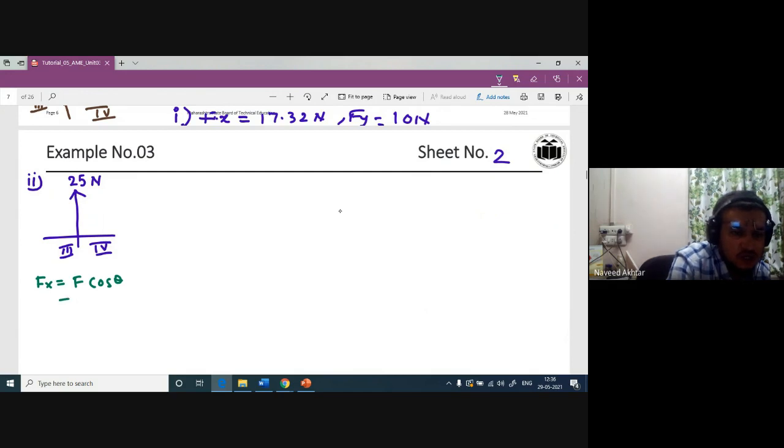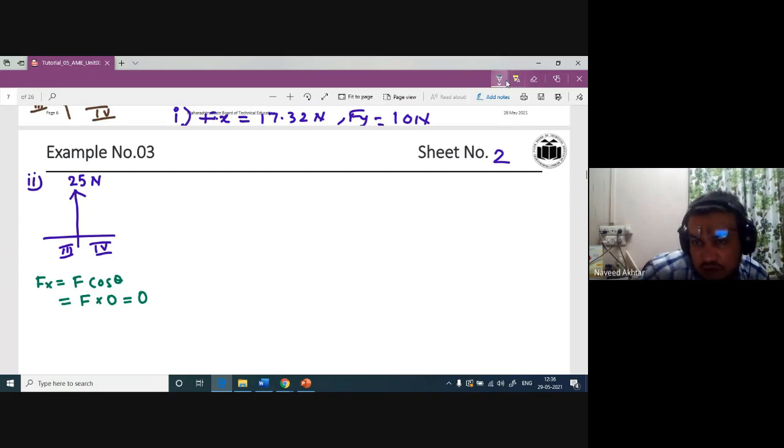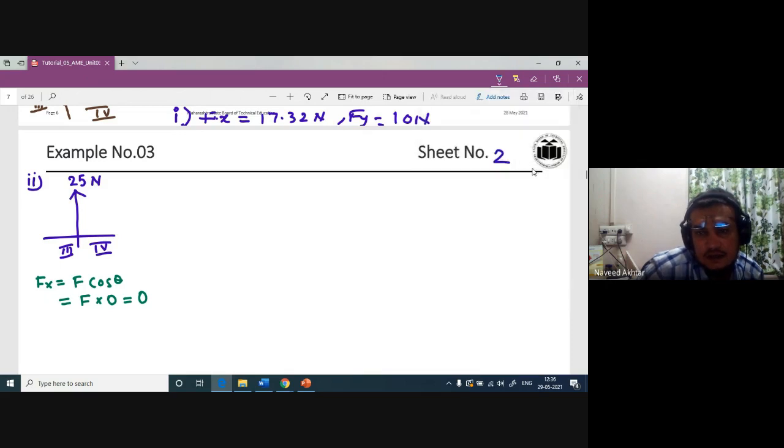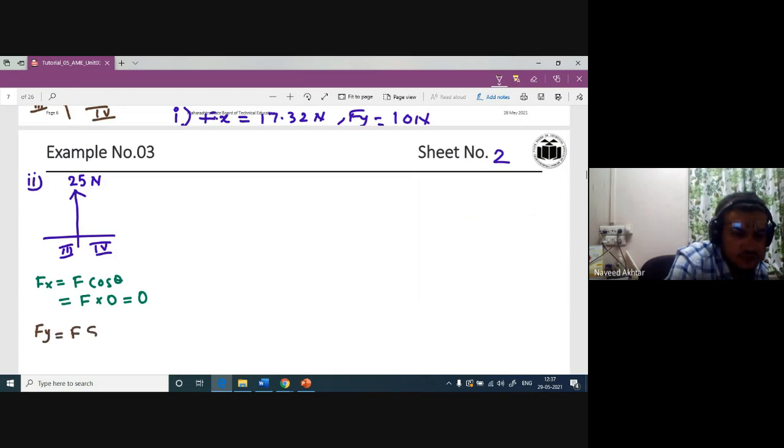So क्या हो जाएगा? F into 0, the value Fx will be 0. Now if you find the value of Fy here, Fy is equal to F sin theta.